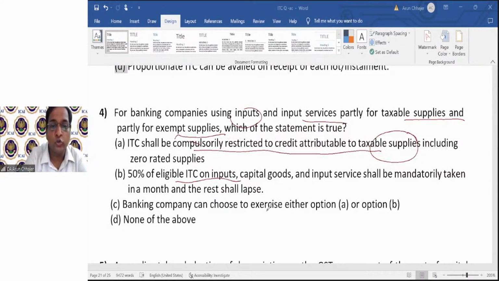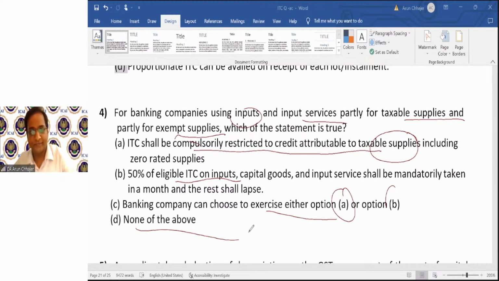Banking company can choose to exercise either A or B or none of the above. That's a good question.